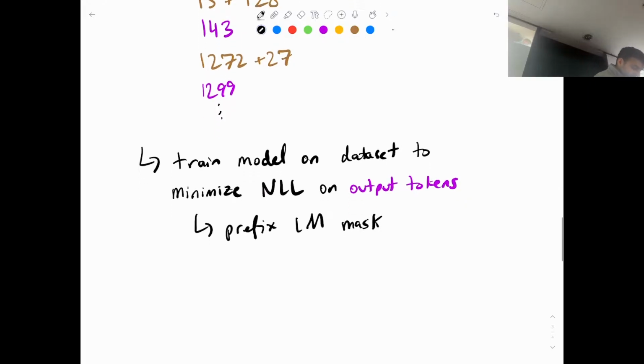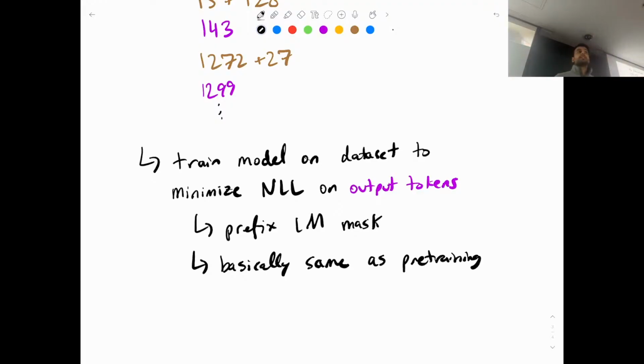Okay, great. So just to clarify, it's basically the same as pre-training. We're just differing in the data and the mask. And then also note that in pre-training, we start with a randomly initialized transformer.